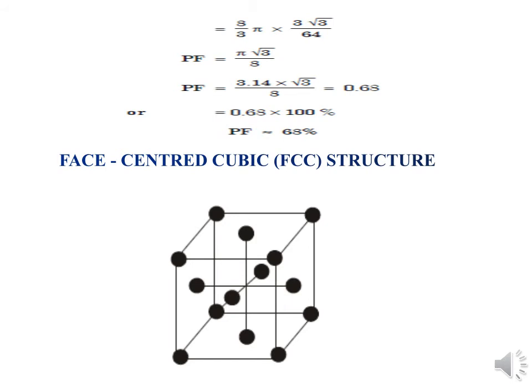In this crystal structure, the unit cell has 1 atom at each corner of the cube and 1 atom at the center of each face. This structure is closely packed because each atom has 12 nearest neighbor atoms. This type of structure is more common in metals.